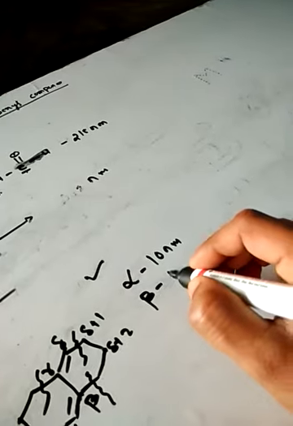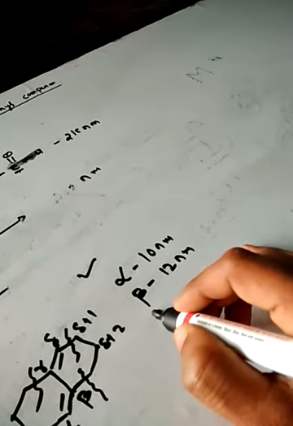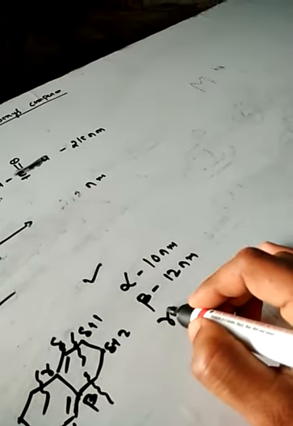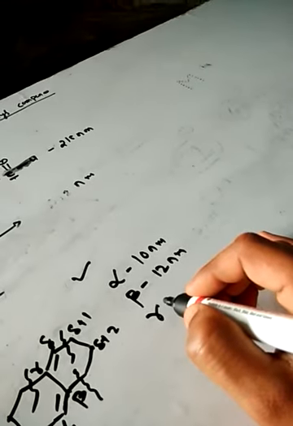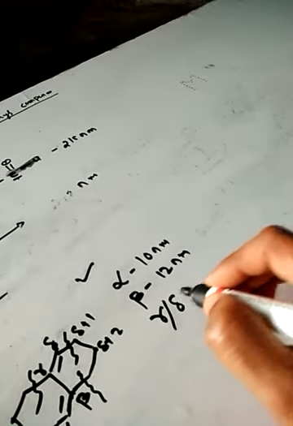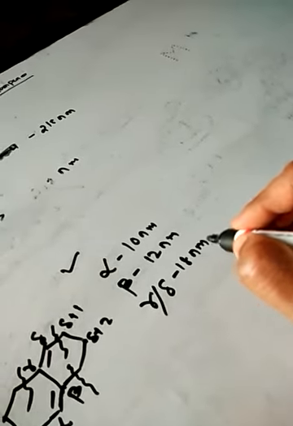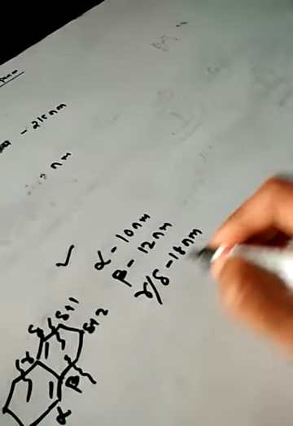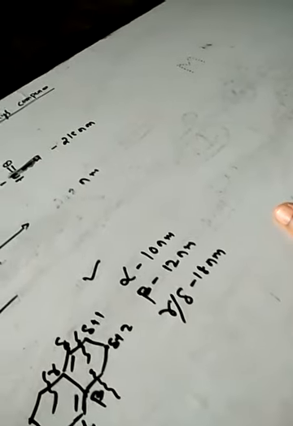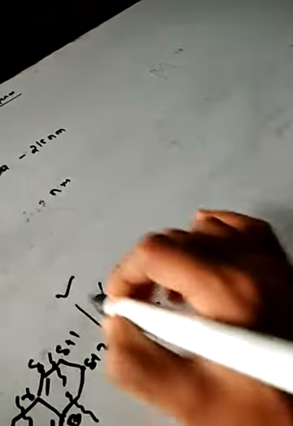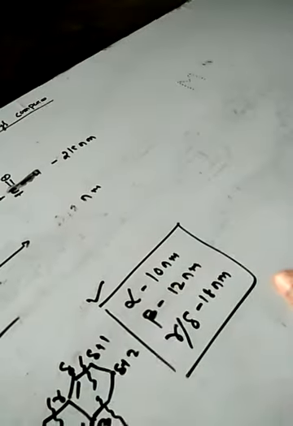Beta position will contribute 12 nanometer, and gamma and higher value, delta or delta plus 1, it will provide 18 nanometer. Any higher value will provide 18 nanometer. This is one of the important concepts of alpha beta carbonyl compound.